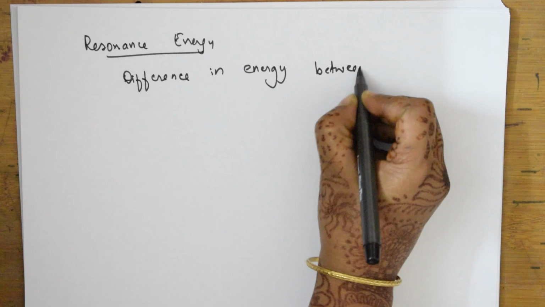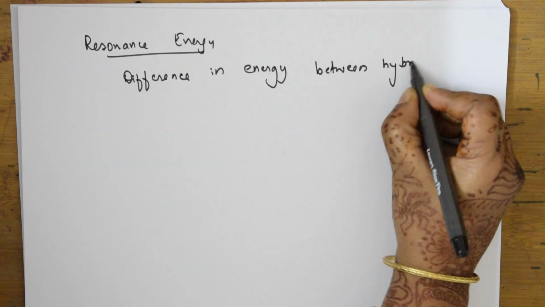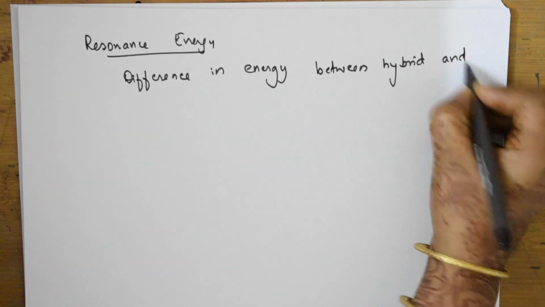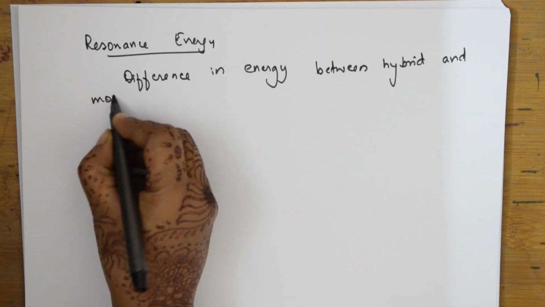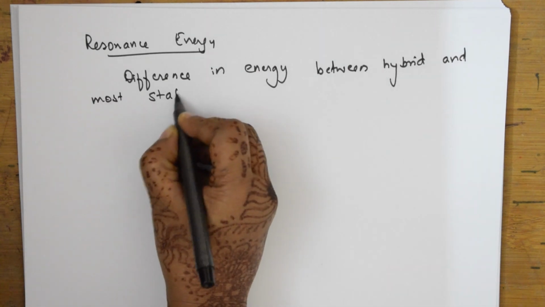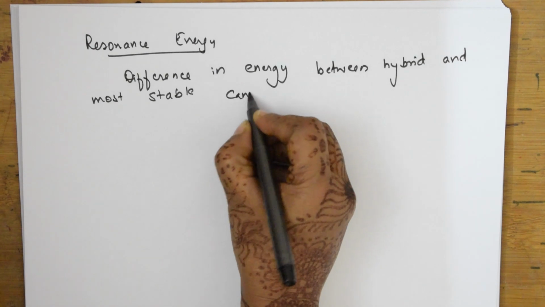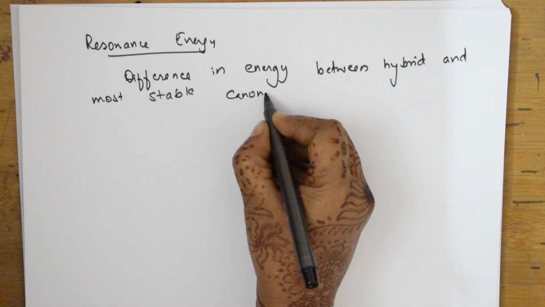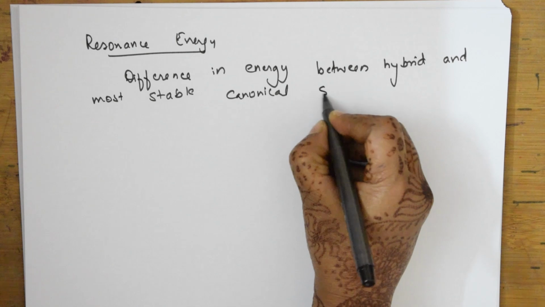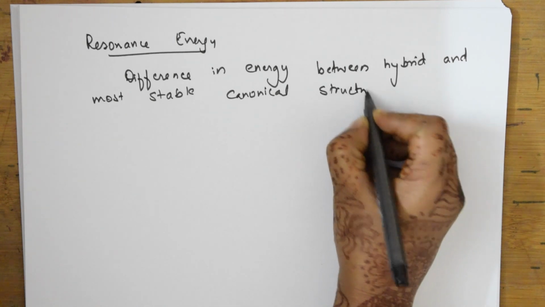Canonical structure. This is called resonance energy.